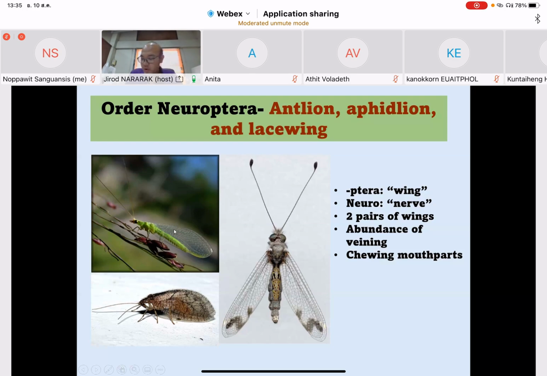And just to remind you, neuro means nerve, like if you have heard of neuroscience or neurotechnology, any of those things. It has to do with our nervous system, brain or nerves, and so they call this one the nerve-wing insect.